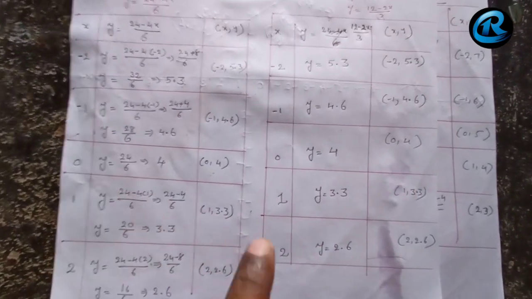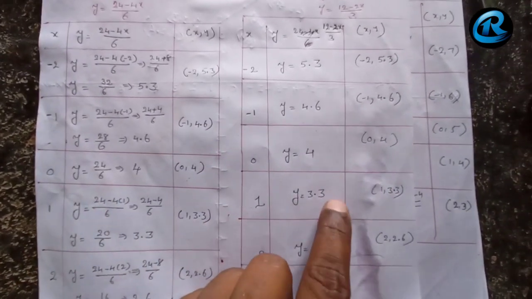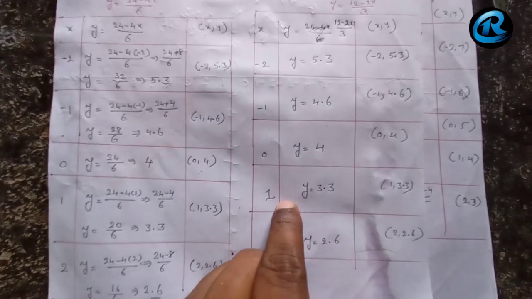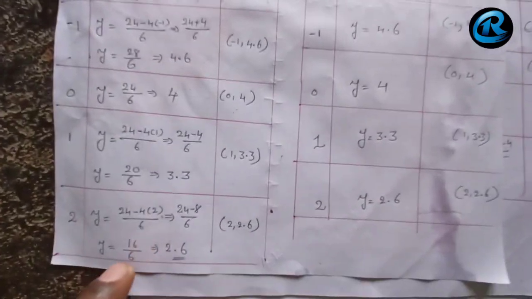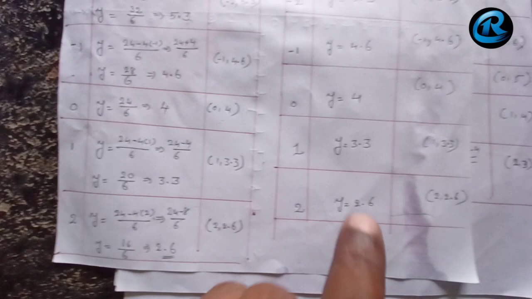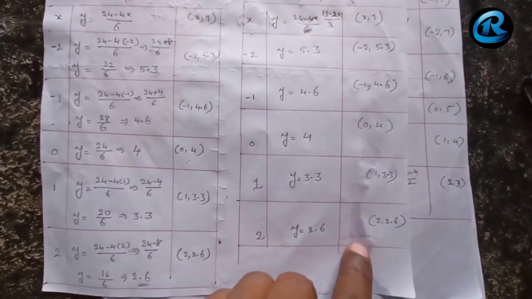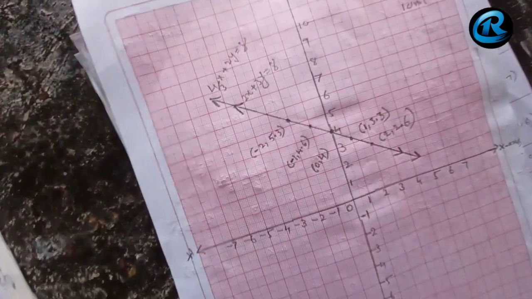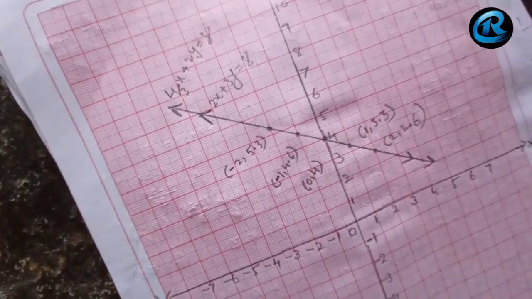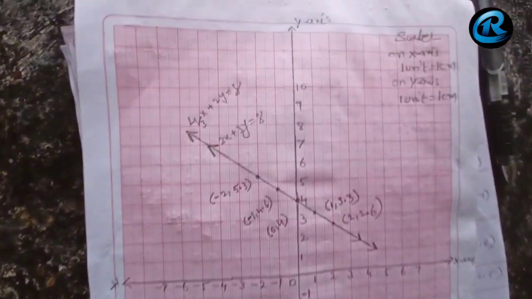Here x equal to 1, y equal to 3.3, here also y equal to 3.3. Here x equal to 2, the y value is 2.6, here also 2.6. So if you locate these points on the graph, definitely the graphs will be coincident lines like this. Coincident lines. See how clearly you can see this.